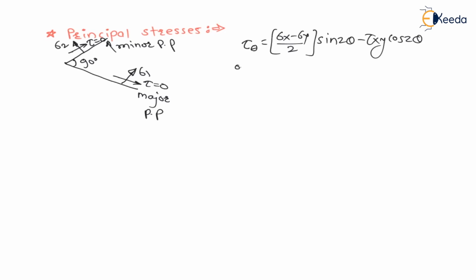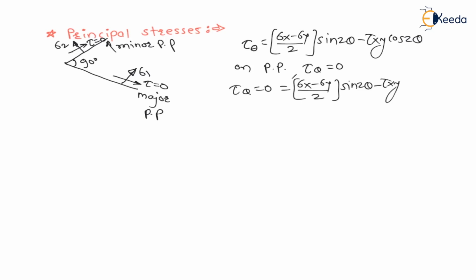On the principal plane, PP for principal plane, this tau theta shear stress is 0. Therefore, we can equate with 0: tau theta is equal to 0 is equal to (sigma x minus sigma y)/2 sin 2 theta minus tau xy cos 2 theta.